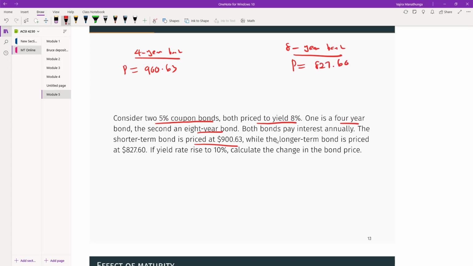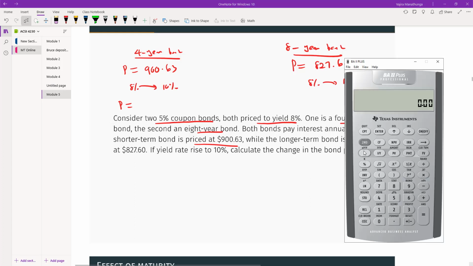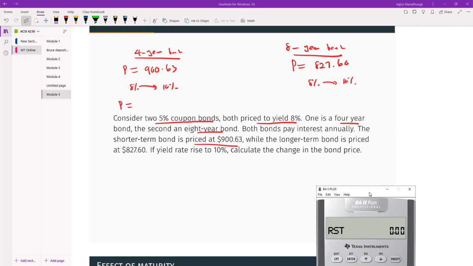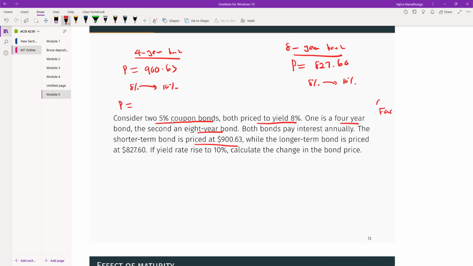Okay. So what changes? Yield rate goes from 8 to 10. So here the same thing, 8 to 10. So the new price, let's use our calculator and get the value. Second reset. So the coupon is 5%. By the way, I assume face value is 1,000.